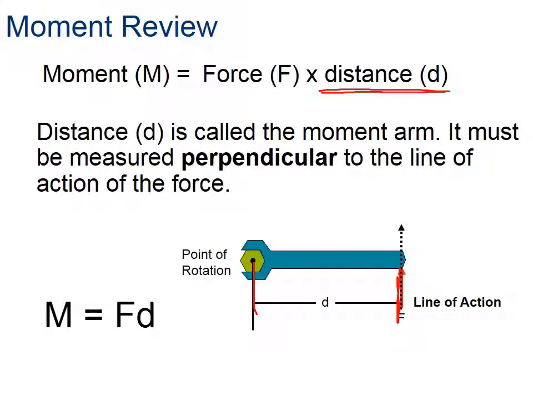Notice that this is 90 degrees. If this is my force, then my line of action would continue that way. My perpendicular distance is going to be this distance here. Very, very important distinction and important to know. You might run into a problem like that.